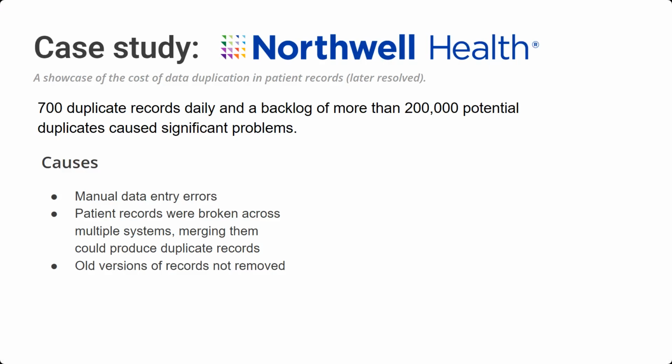All that caused a significant duplication of records, up to the point where they had about 700 duplicate records created daily. And since they didn't deal with this problem in a systematic way, they collected a huge backlog of more than 200,000 potential duplicates. And this, of course, caused big problems.